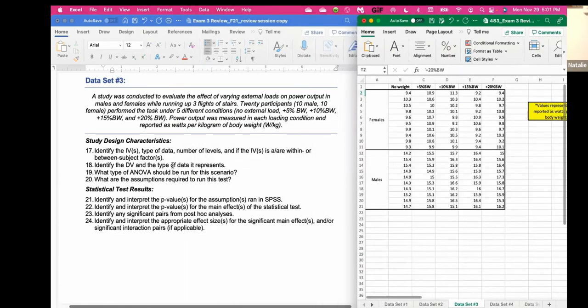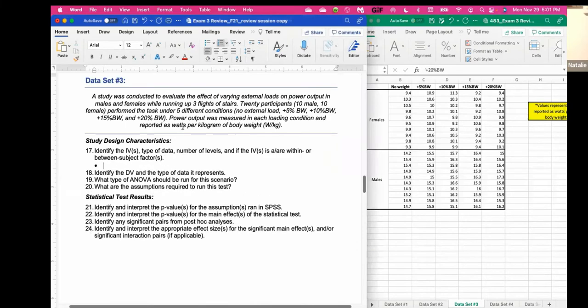kind of gave away some answers here, so I'll just type them in. Our independent variables, we have 2. Okay, so gender being one of them, or sex. I use them interchangeably in this class, even though they technically are not the same thing, but it's easier for grading anyways.